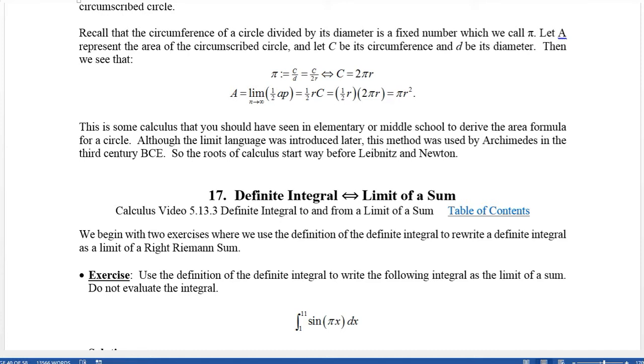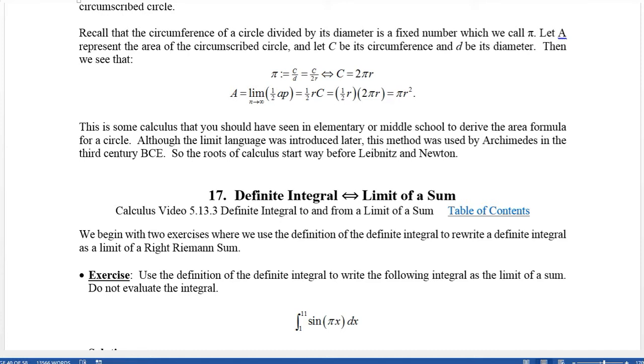So let's see if you can apply what we've learned to this particular problem here. So what we have is the integral from 1 to 11 of sine of pi x dx. So the idea is, can you rewrite this integral by using the definition as the limit of a sum?